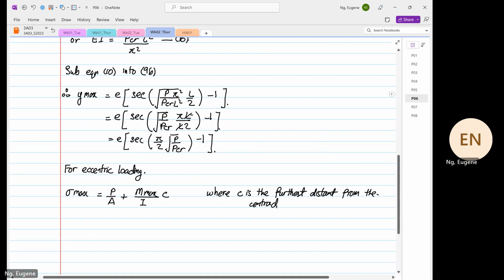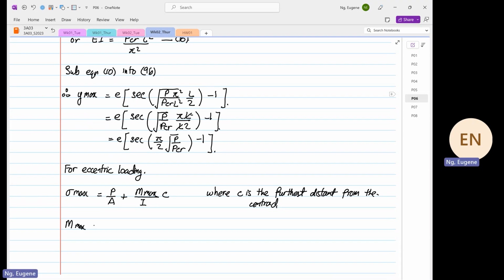So to determine Y max, moment max, the moment max is equal to P multiplied by Y max plus PE. Y max is the maximum deflection, which we can get from here.